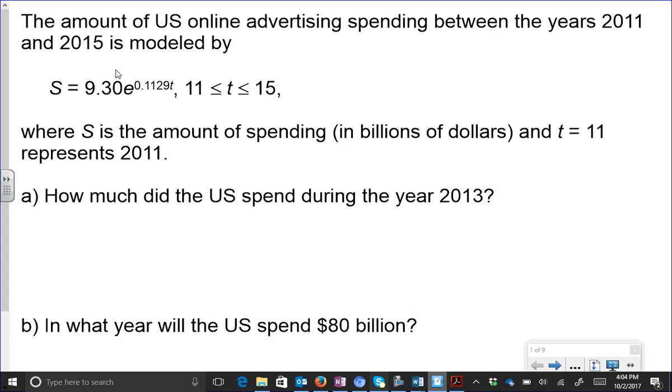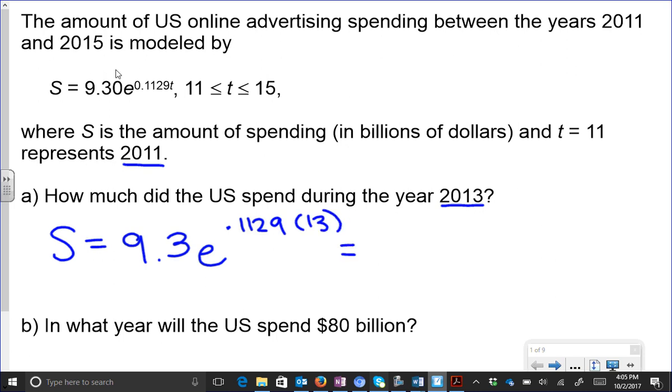For this exponential equation, S is the amount of spending in billions and T represents 2011. So t equals 11 represents 2011. If we want the spending in 2013, we are going to need to plug 13 into our equation.